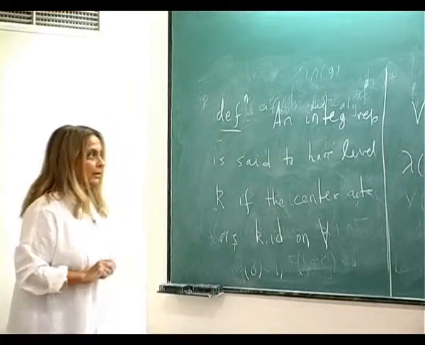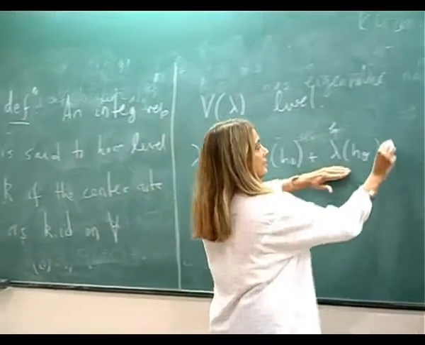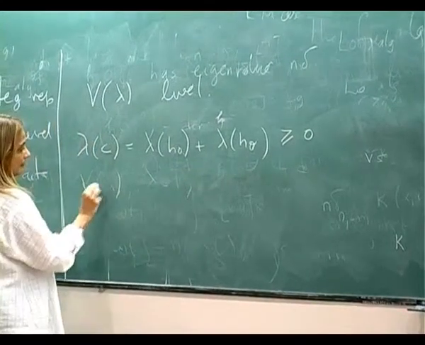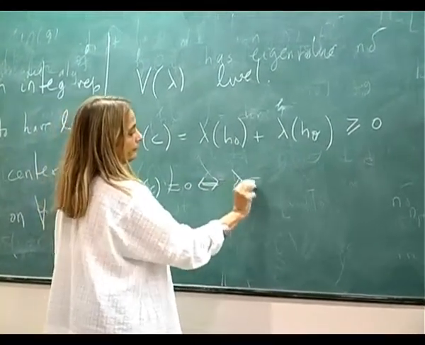So this is greater than or equal to 0, and in fact lambda of C is equal to 0 if and only if lambda is equal to 0.